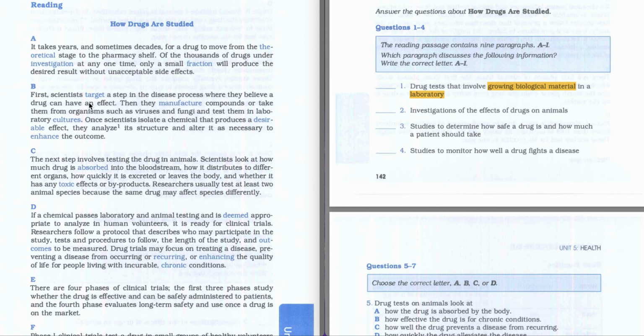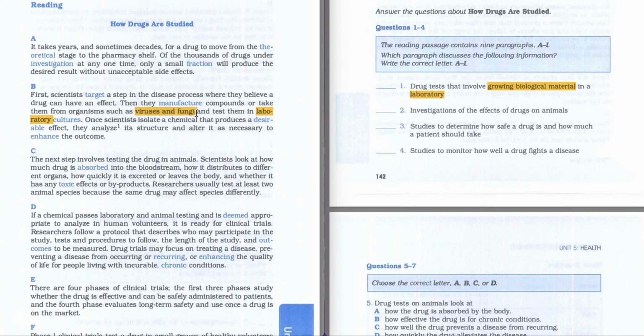Let's go further. On the text B, we have some information about laboratory. Let's highlight this keyword. And further, since we have this word here, let's scan it quickly, and try to find any information about biological materials. Here they were saying about organisms such as viruses and the fungi.